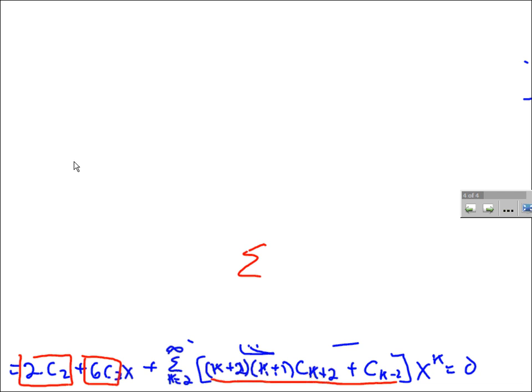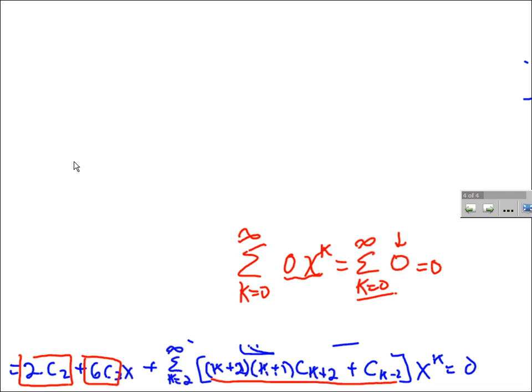Because if you have the summation as k goes from 0 to infinity of 0 times x to the k, well, that equals 0. So when k is 0, that equals 0. Plus, when k equals 1, that equals 0. Plus, when k equals 2, that equals 0. If you keep adding up zeros, it's going to add up to 0.